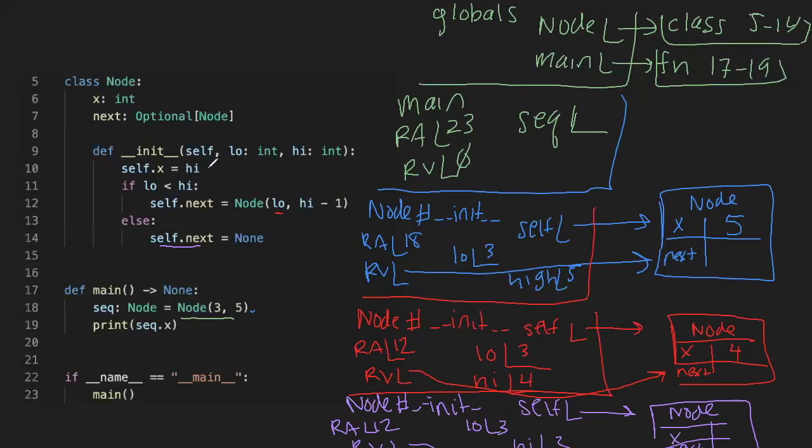Okay, so I'm sorry, I skipped line 10. So self.x should be 3, but then we skip down to line 14 and our next is set to be none. Okay, so now that this bottom node constructor frame is done, so this was a recursive constructor, right? So now that we've bottomed out our recursion, we've hit the base case, right? This is the recursive case for our constructor, and this is the base case. So we've hit the base case, so now we can start going back up, okay?